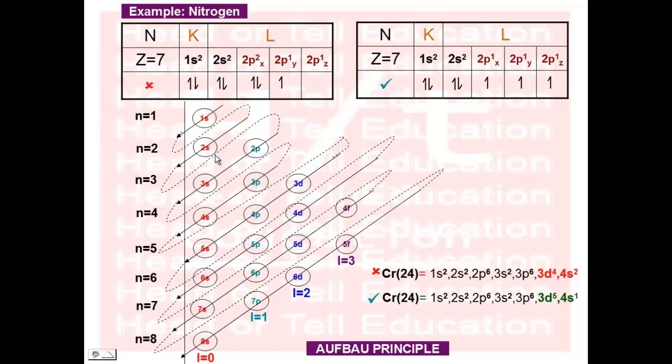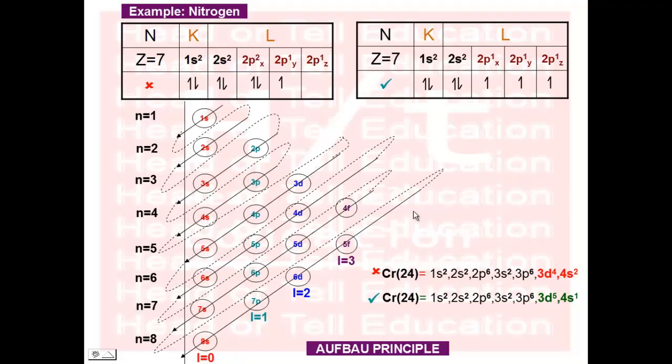The third goes after 2s, coming to 2p, this is also okay, so 2p is filled. Then we come to 3s, then according to the direction we fill electrons in 3p, then 4s, then again according to the direction we come to d. Next we fill p of course, then next 5, so filling like this.